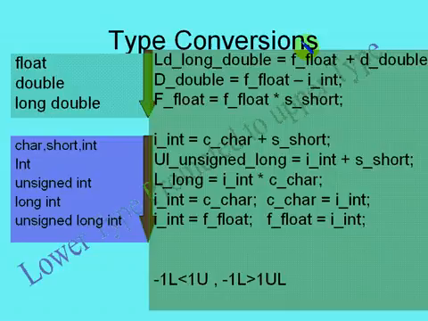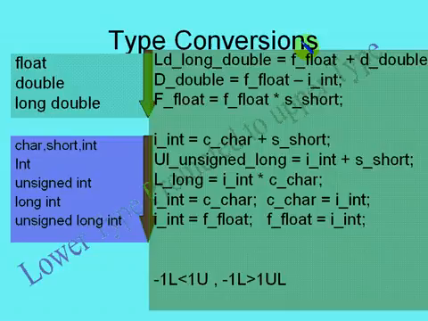Let's say you have a signed long and an unsigned integer, and long is 32 bits and unsigned integer is 16 bits. Now when I say -1L, that is -1 long, I'm comparing a long with an unsigned int.